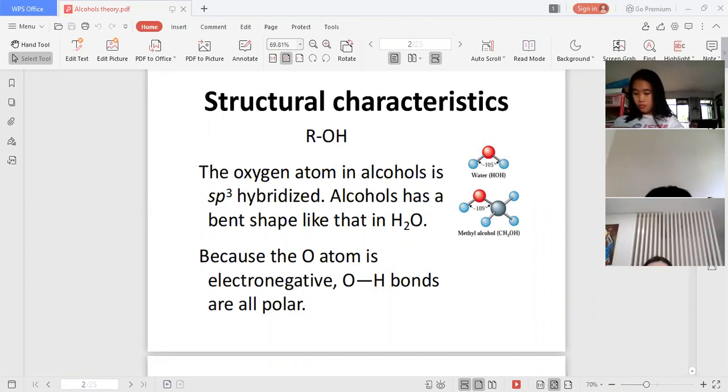Let me ask a little bit of Natasha. Natasha, teacher, do you still remember what is the bond angle for a molecule that has a bent shape?